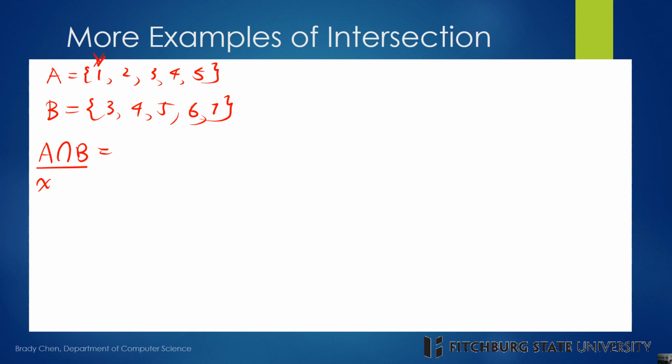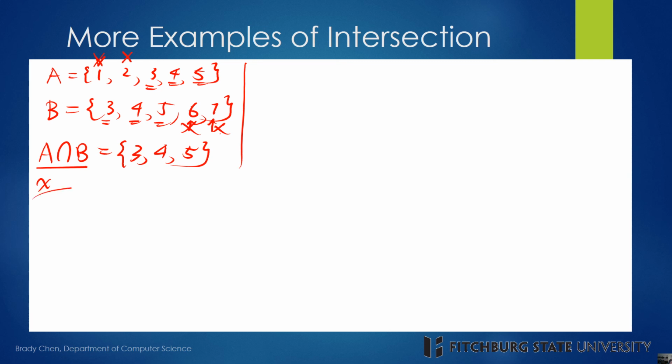So 1 should be excluded. 2 should be excluded because it's not in B. Now 3 also appears in B. 4, yeah, 4 is in A, but also in B. And 5, yeah, in both A and B. Now the other element 6 is in B, but not in A, right? 7 is in B, not in A. So these should be excluded, right? So A intersection B should be 3, 4, and 5.